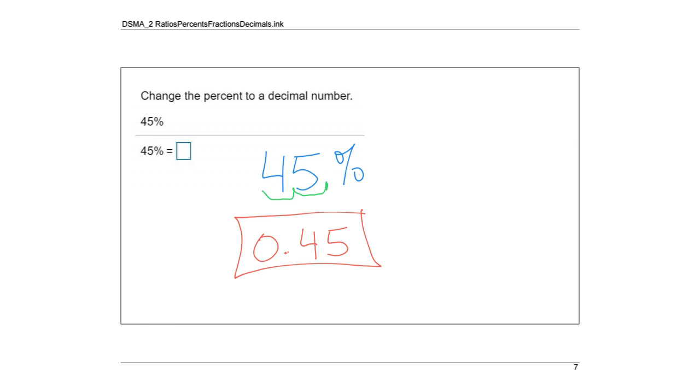As soon as we move the decimal, we don't have that percent sign anymore. And so the decimal is 0.45. If this bothers you, or it's hard to remember, you can actually divide by 100. And if you put that in your calculator, you'll get the same thing. You'll get 0.45.